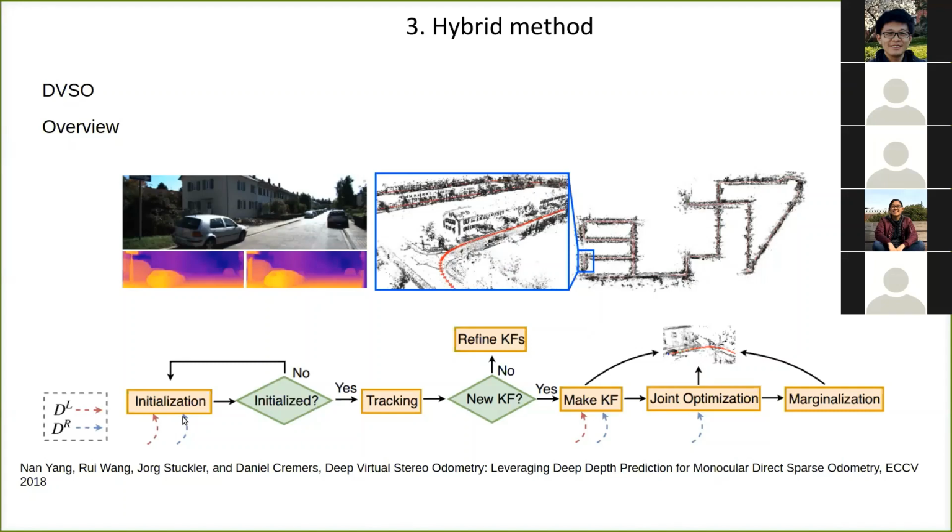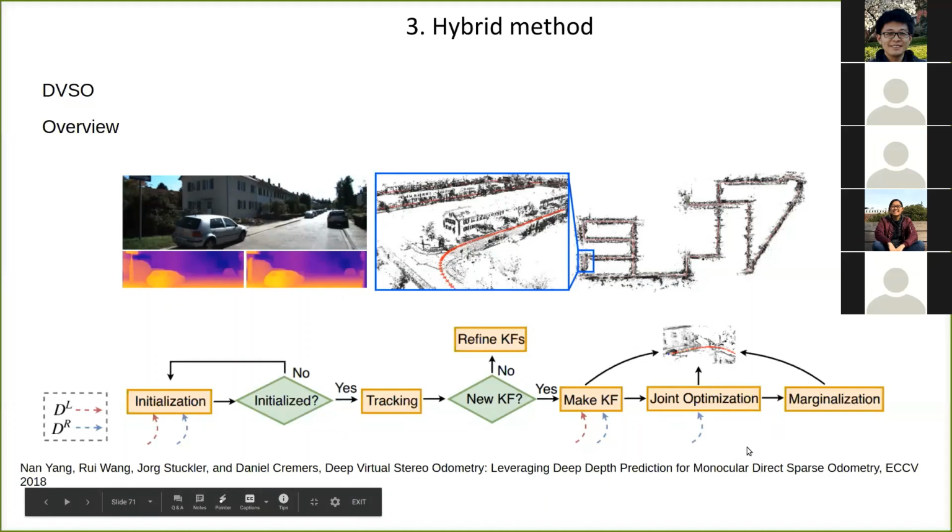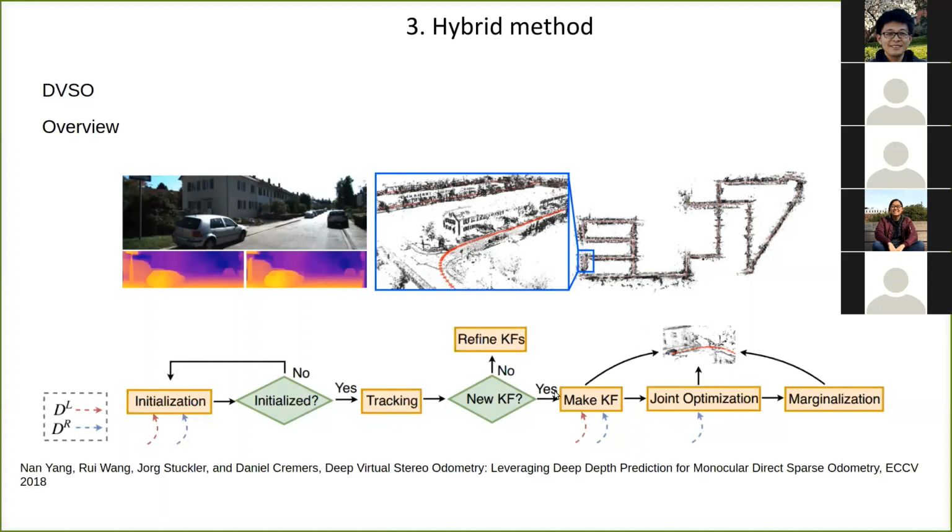But this hybrid method, this DVSO, can get a decent estimation of depths at the very beginning of the tracking. So they can get the depths, and later on, they will use these depths to do the further optimization of the camera pose. Okay, so the rest of the components are very similar to what we talked about in LSD-SLAM. Take a key frame and jointly optimize the camera pose and depths with photometric loss.